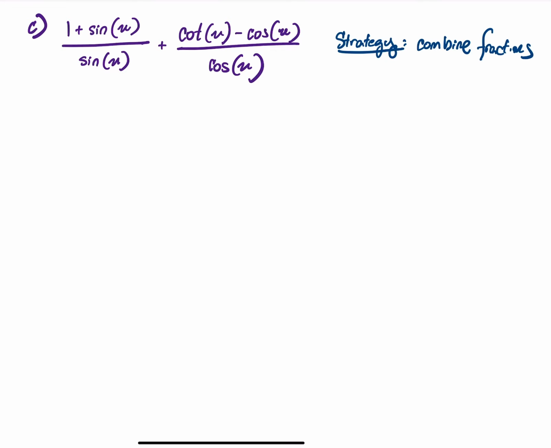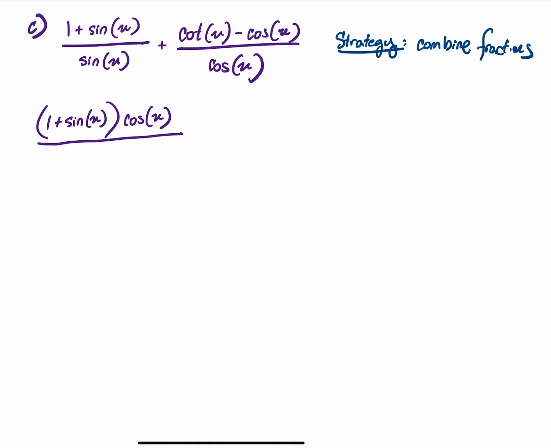So to do that, we need a common denominator. I have sine on the left side, cosine on the right side. So I'm just going to multiply the left fraction by cosine on the top and bottom, and the right fraction by sine on the top and bottom, and then we'll get a common denominator of sine times cosine. So what I mean is on the left fraction, I'll have 1 plus sine of u. That gets multiplied by cosine.